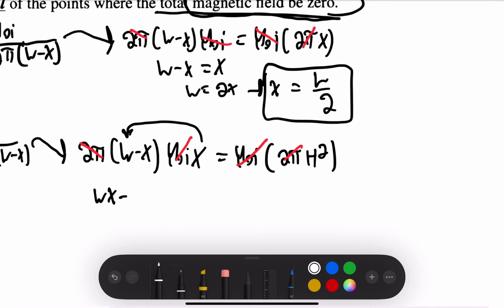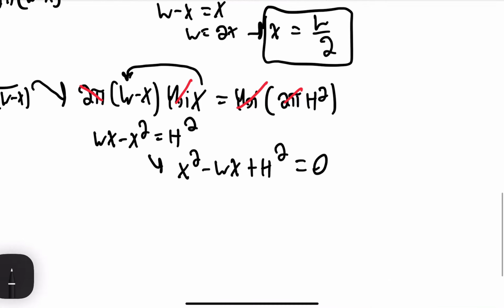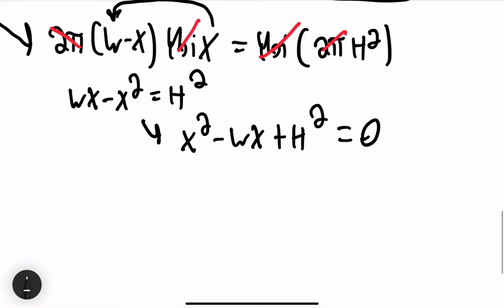So wx minus x squared is equal to h squared, or x squared minus wx plus h squared is equal to 0. And this should look familiar, that we can use the quadratic formula. So a is 1, right? B is w, c is h squared.